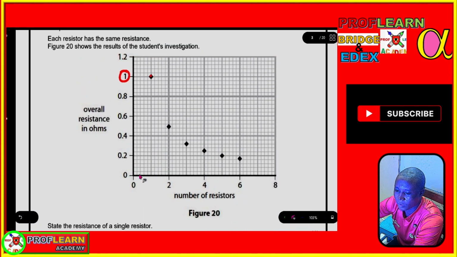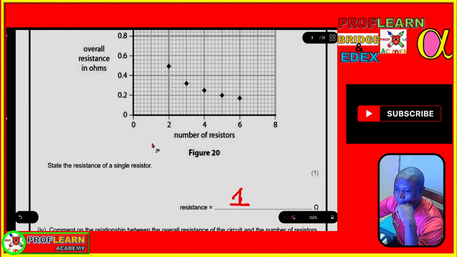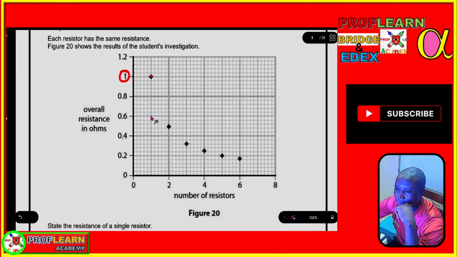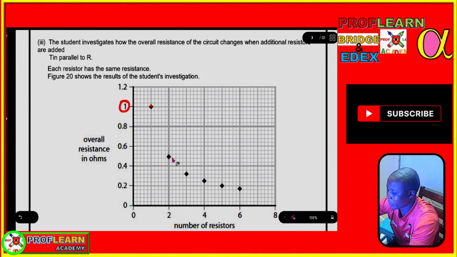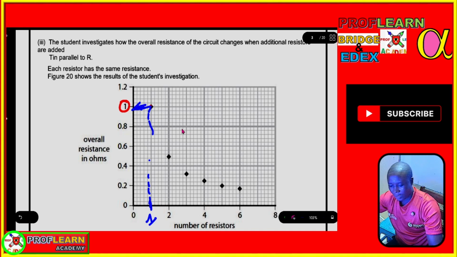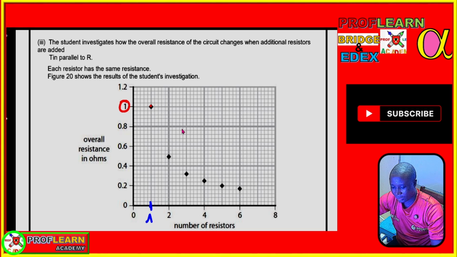So you can read that value at that given point. For one resistor, it's going to have 1 ohm. So we are just using this value that's here, 1 resistor. Then you go up and you check where the reading is. You read the value that we have at that point. So that's basically what you're supposed to do in that case.